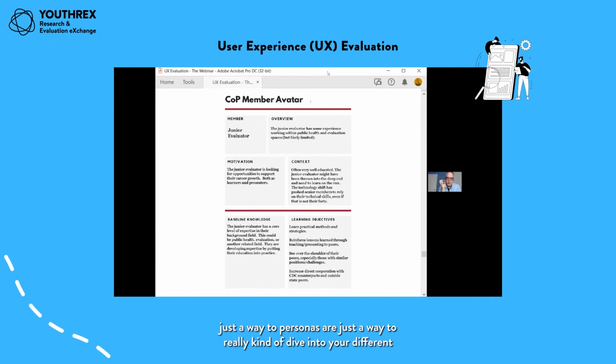Personas are just a way to dive into your different stakeholders and think through why they are a part of this overall network. So when talking about our program, we thought about the people that we're trying to reach within these 66 jurisdictions. The junior evaluator, the senior evaluator, and the epidemiologist are the ones that we came up with.